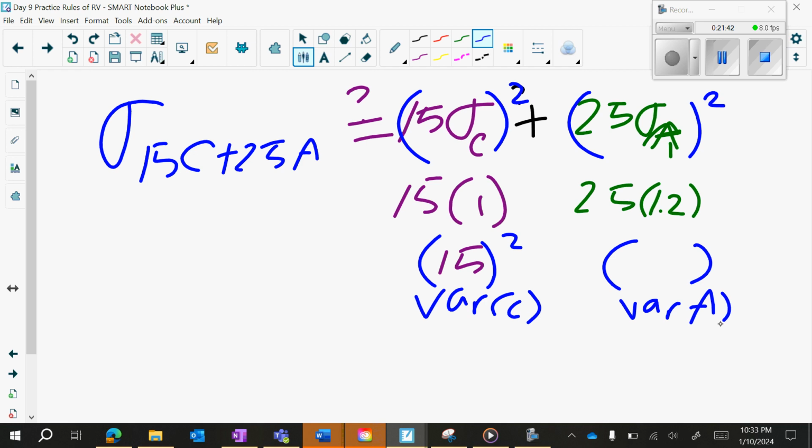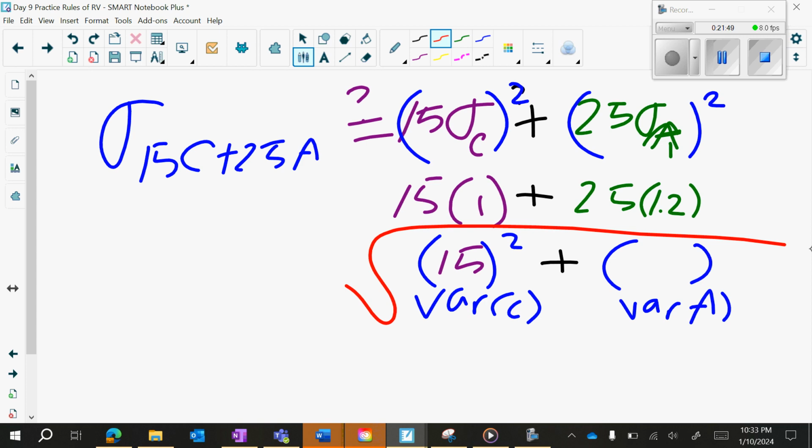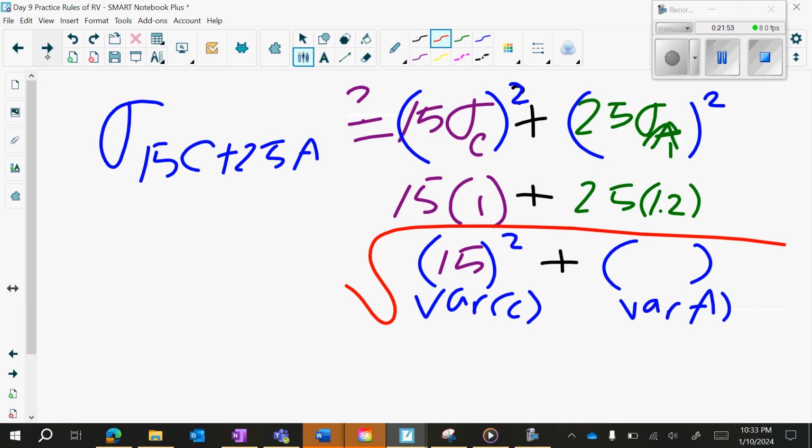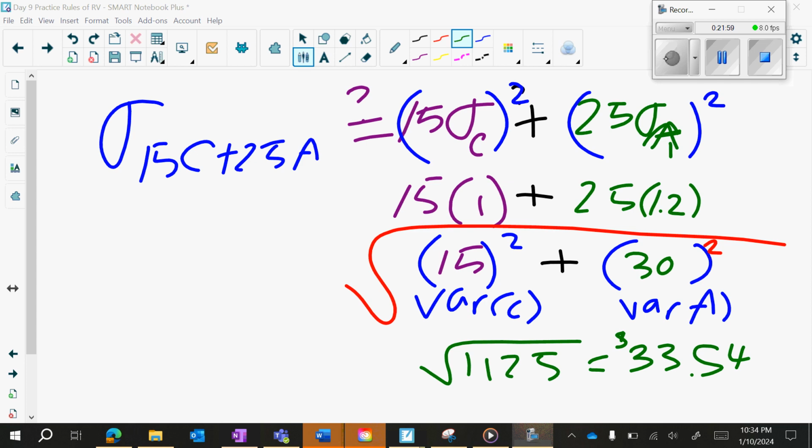And then we're going to add them together. And then we're going to square root. Okay. So do that now. Do 25 times 1.2. Sorry. 25 times 1.2. And then square that. And then add them together and then square root. So I'm hoping that you got the square root of 1,125, which equals 33.54.